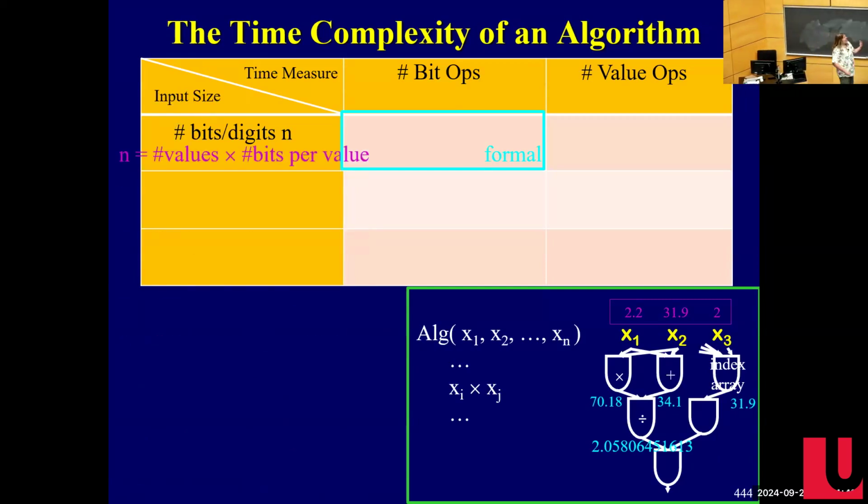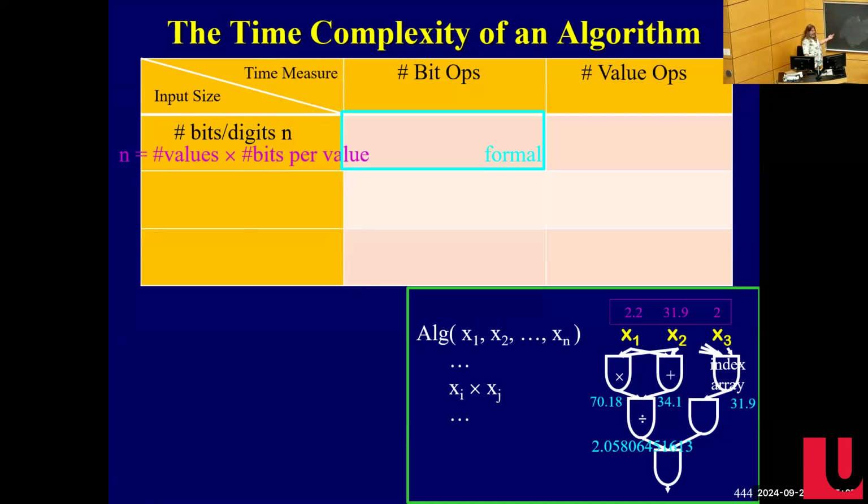If you want to calculate the number of bits coming in, you have to say how many different values are coming in, and then for each value, how many bits are in that value, and you multiply or add them all up, and you get the total number of bits coming in, right? So yes, that is the formal thing to do.